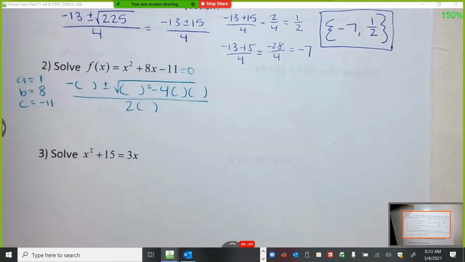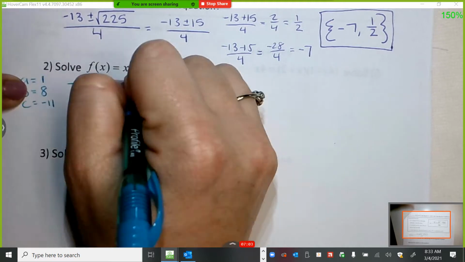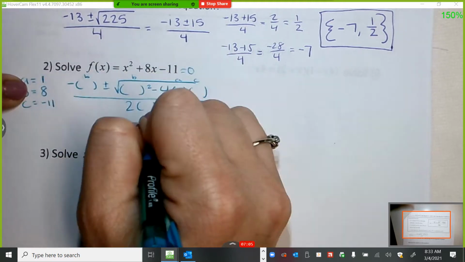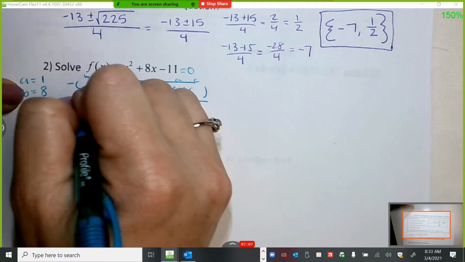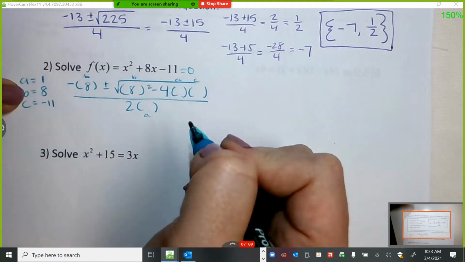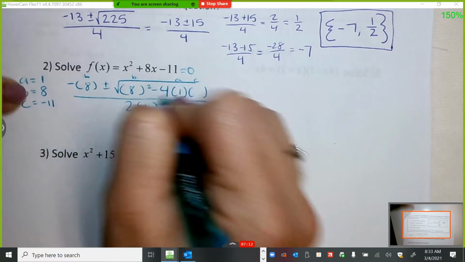See how I didn't plug in any of the letters? And I did that so that way I can plug in the numbers now. So this is b, b, a, c, 2a. So 8, 8, 1, 1, and negative 11.